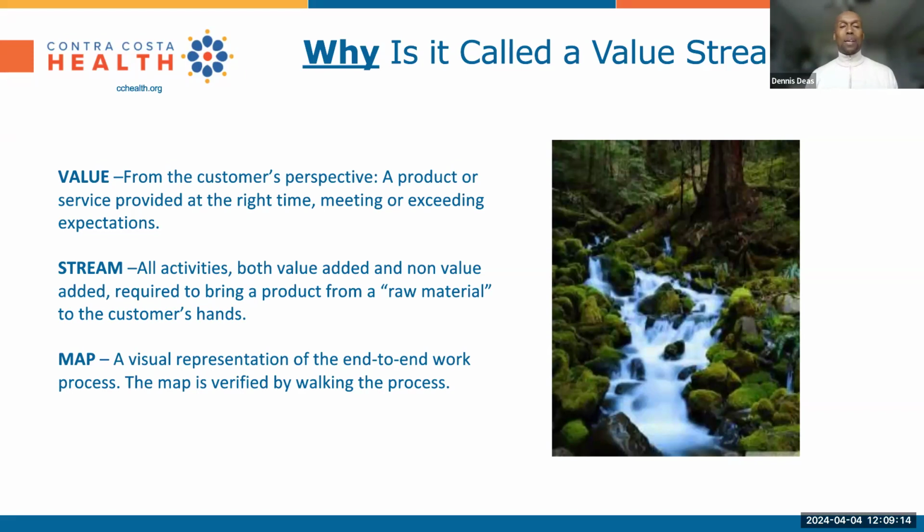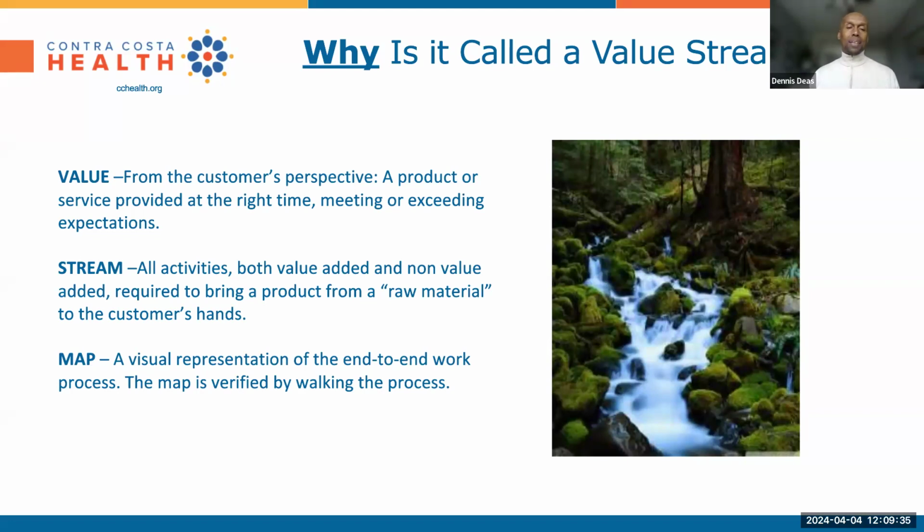It also talks about a stream. So when we talk about value stream, everything has a flow. So as improvers, what I would like for you to do is think about everything has a flow to it. Everything. It's got a beginning and an end. So the stream is all activities, both value added and non-value added.